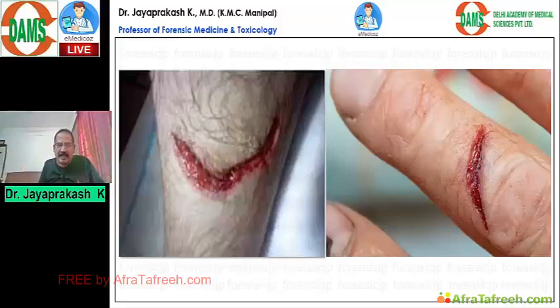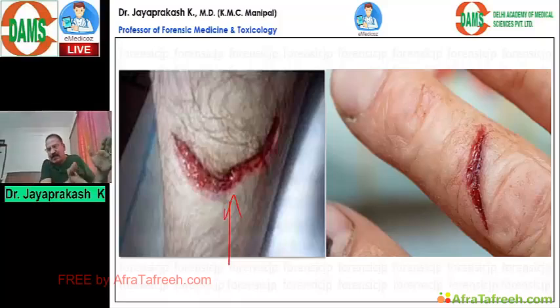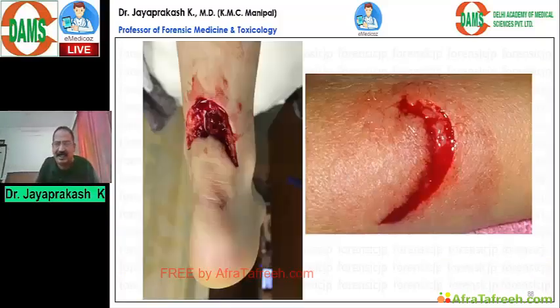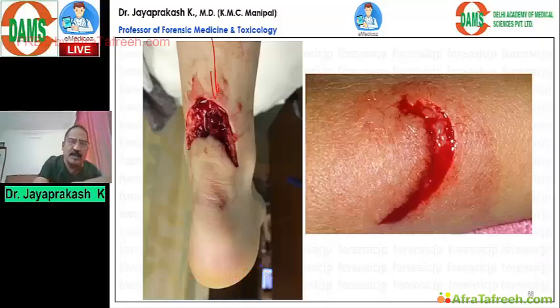This is stretch laceration caused by tangential force. With tangential force, you get stretch laceration where you can see beveling. Here you can see beveling. That is stretch laceration. This is above downwards. Oblique, below upwards.